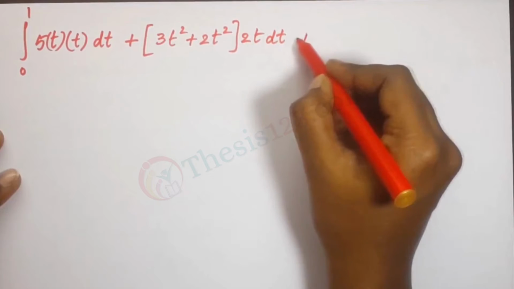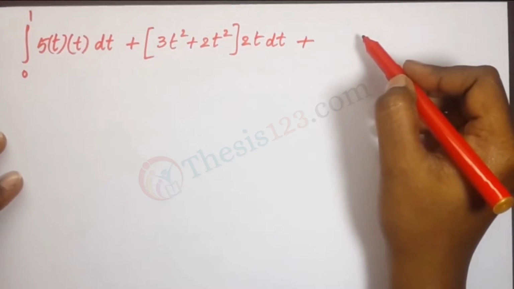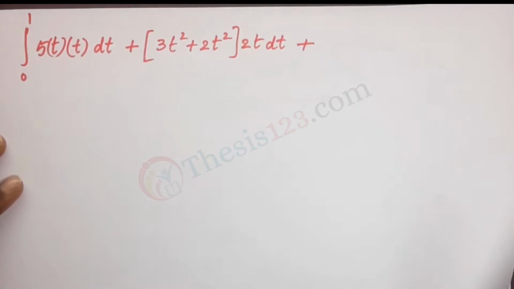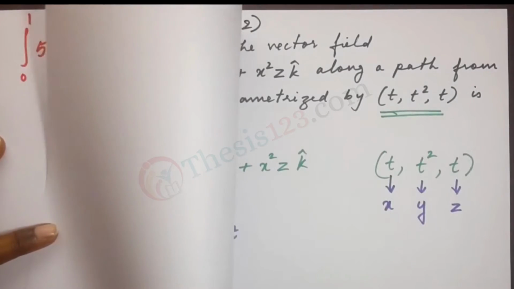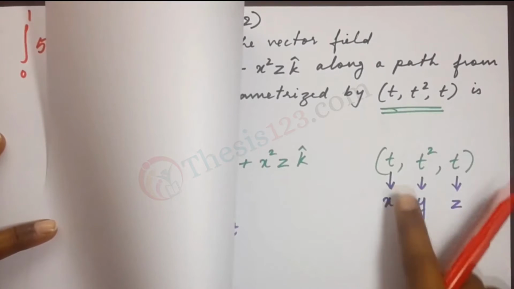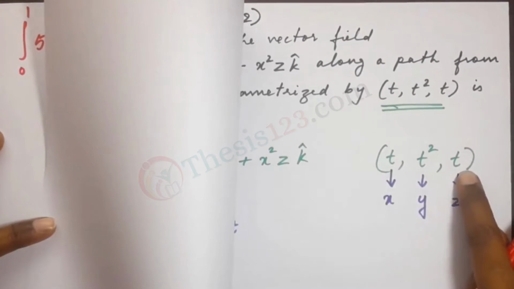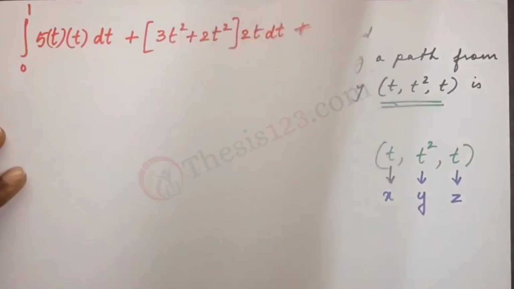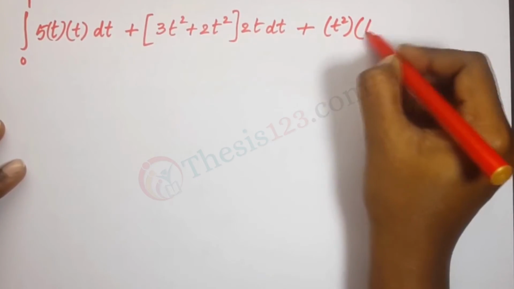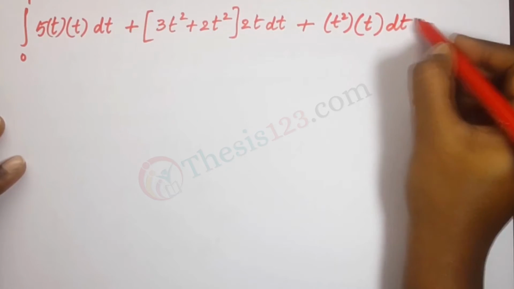We did that earlier. Plus the final term is x square z, if I'm not mistaken. Right, see, it's here x square z. Now x square z would be t square into t, so that's t cube, t square into t dt.